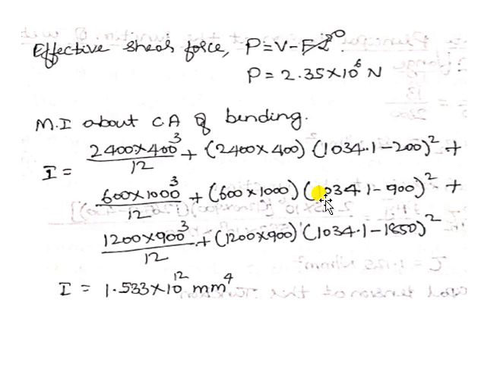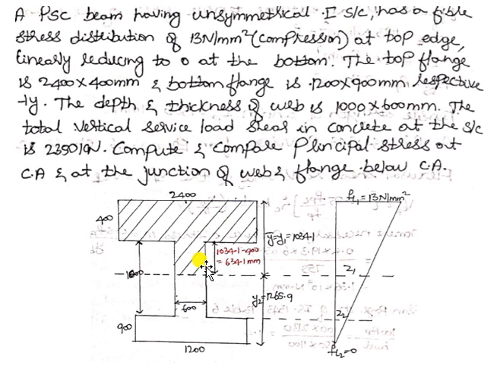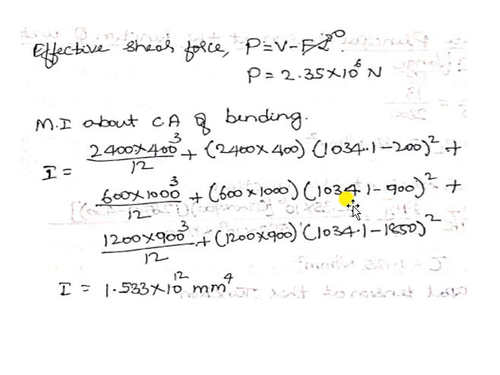Y bar of the whole section is 1034.1 minus the centroidal distance of this web with respect to the top fiber, 900, plus bd cube by 12 for the bottom flange plus area for the bottom flange, 1200 into 900 into 1034.1, this is the centroidal axis of the whole section, minus 1850 whole square.